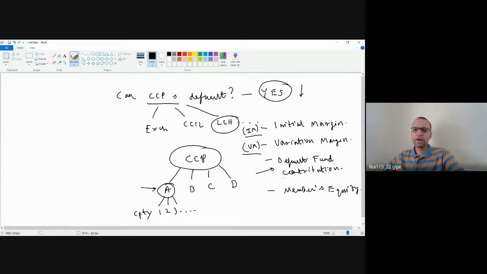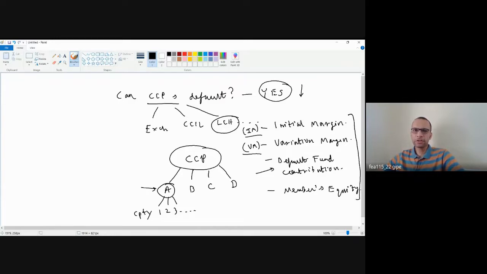The idea is to have a lot of involvement from these clearing members, because members are the people whom the CCP interacts with, and they want members to be an integral part of the system. So whenever a member is pledging a certain equity, then naturally they know they are responsible for the overall smooth functioning, and they'll behave more responsibly. So these are four popular layers which a CCP uses.